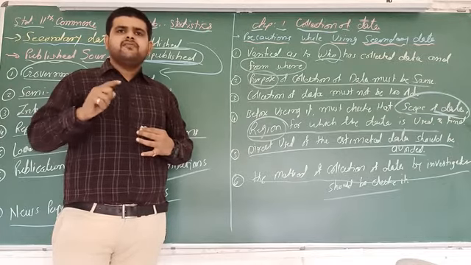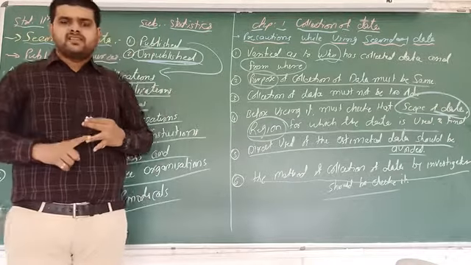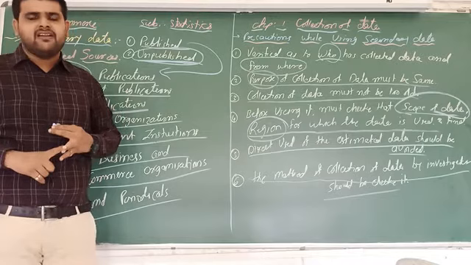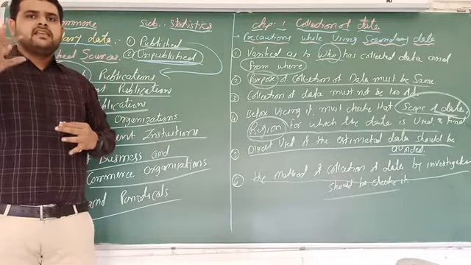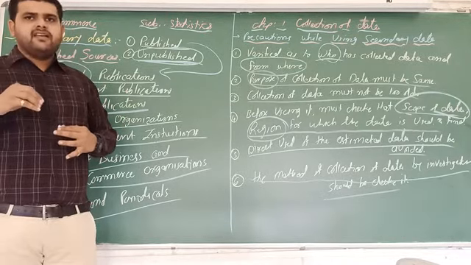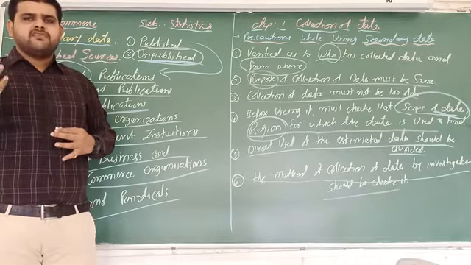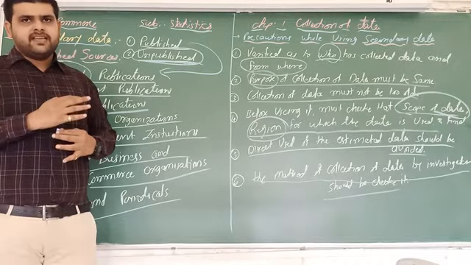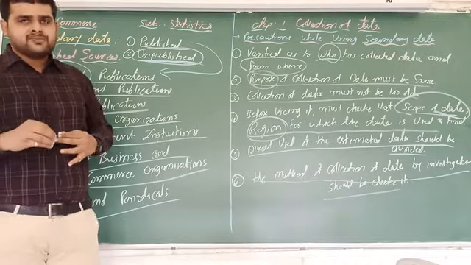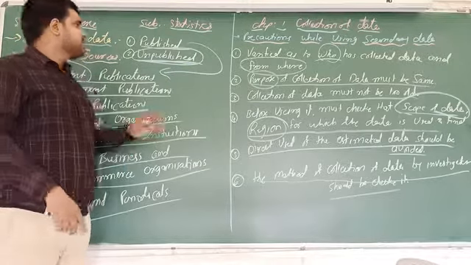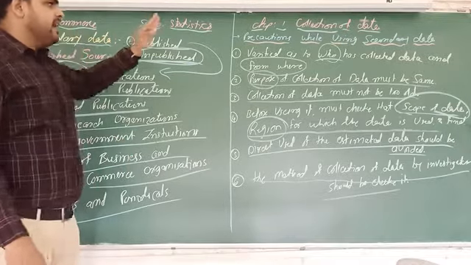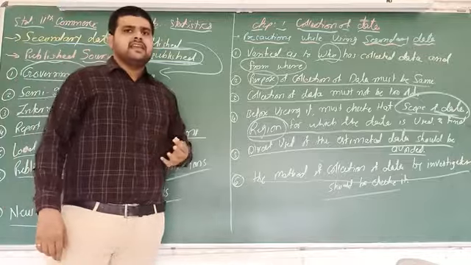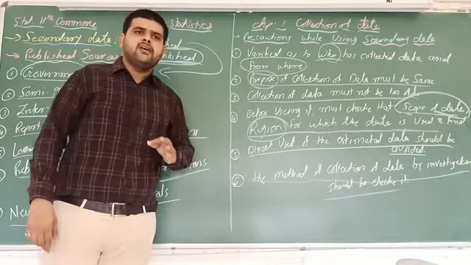We also learned about the points to be included in an ideal questionnaire. And in the last video of the first chapter, secondary data and the precautions while using secondary data. So this is the end of the first chapter.